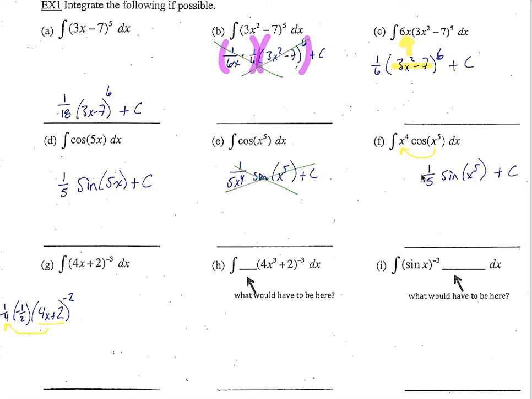To get the coefficients to work, the derivative of the inside function is going to be 4, so we put a 1/4 out here, and final answer is -1/8 4x plus 2 raised to the negative second.